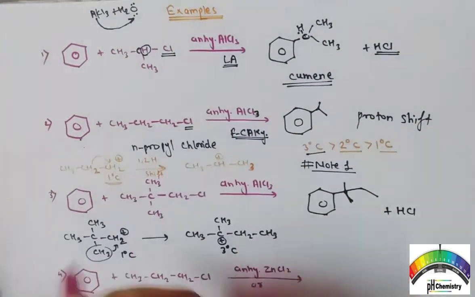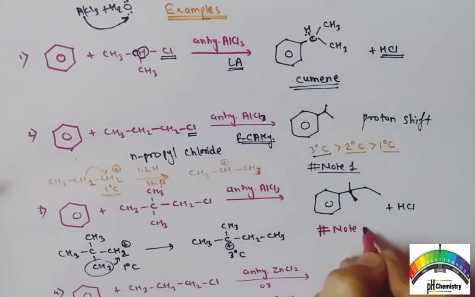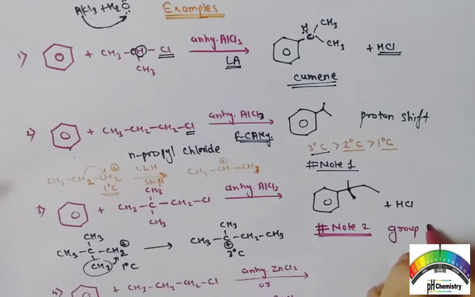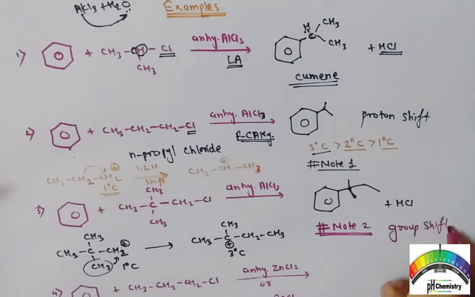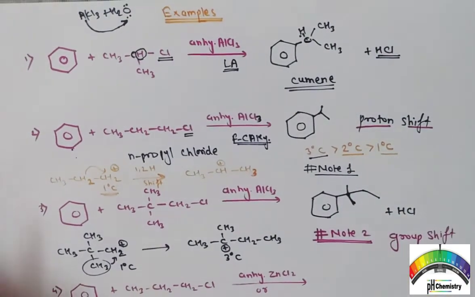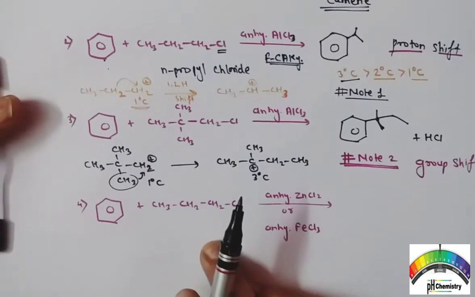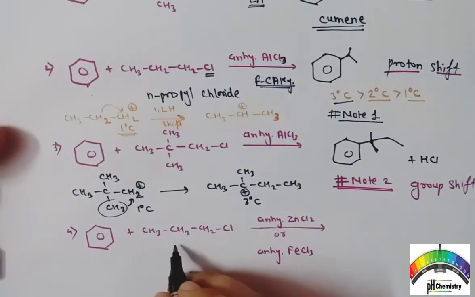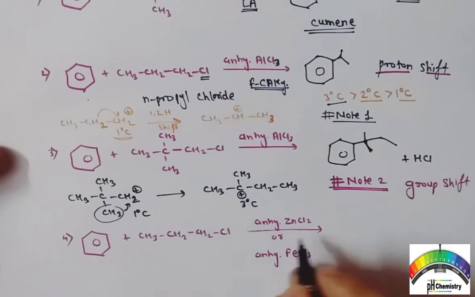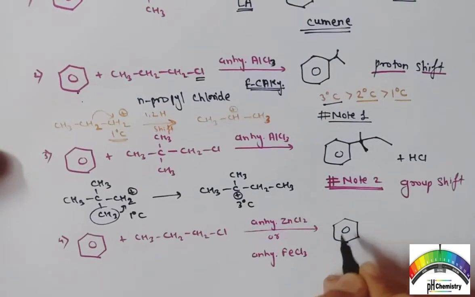So again, note number 2 is what? Group shift. It is a group shift example. The first note was of the proton shift. The second note is of group shift. In this example, as I told you, when there is a possibility of a more stable carbocation, the carbocation will rearrange.